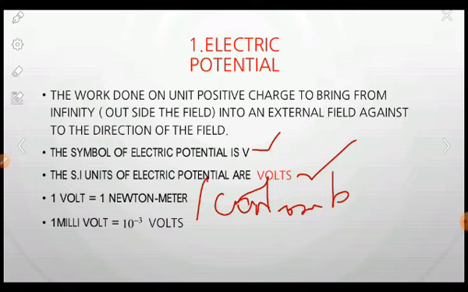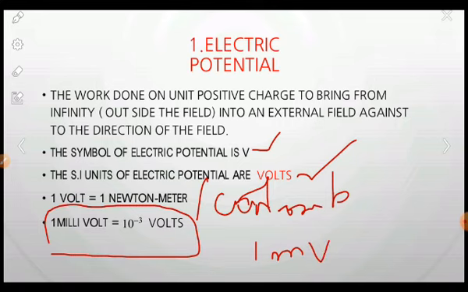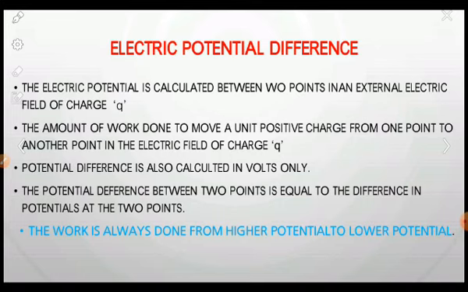And here we have a small unit also, 1 millivolt, which equals 10 to the power of minus 3 volts. And volt is the SI unit of electric potential, and also potential difference is calculated in volts only.